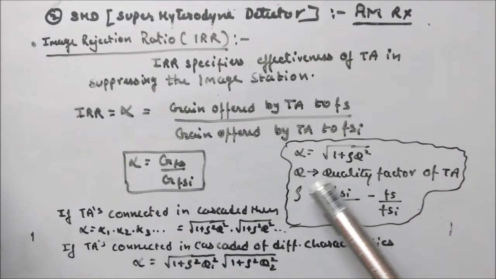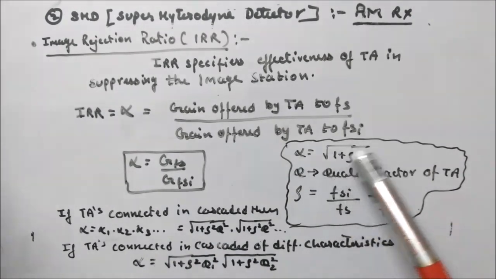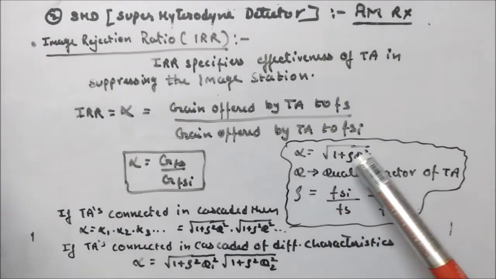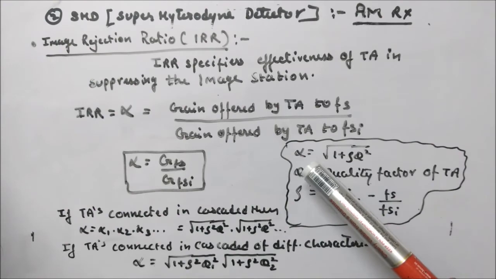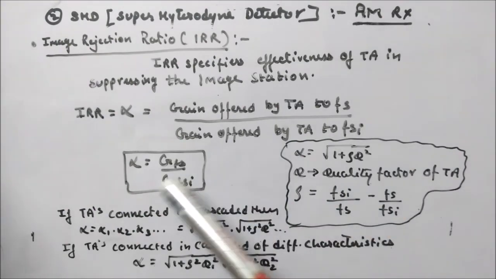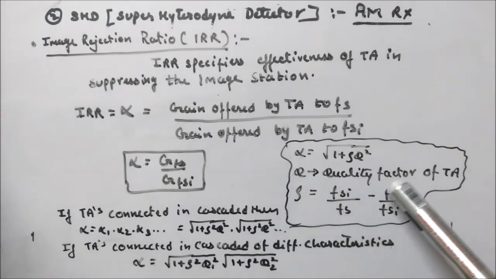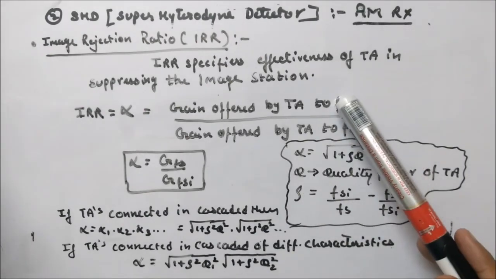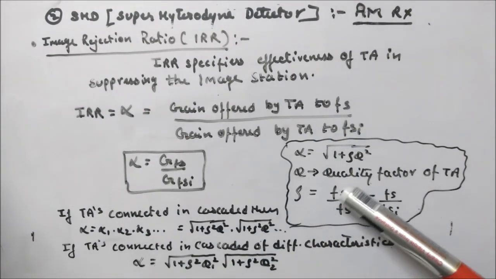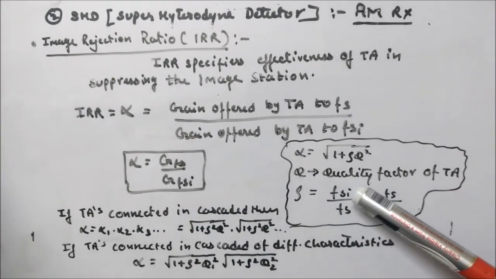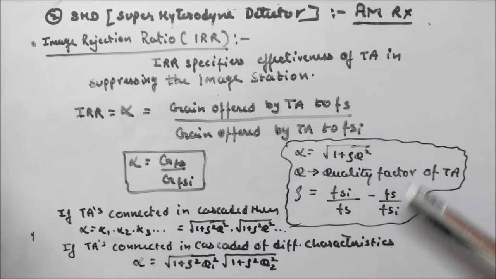You can also write it this way: alpha is equal to the square root of 1 plus rho squared q squared. I won't get into the derivation of how it came. Alpha can also be defined as the square root of 1 plus rho squared q squared, where q is the quality factor of the tuned amplifier, and rho is defined as FSI upon Fs minus Fs upon FSI, where FSI is your image frequency and Fs is your station frequency.